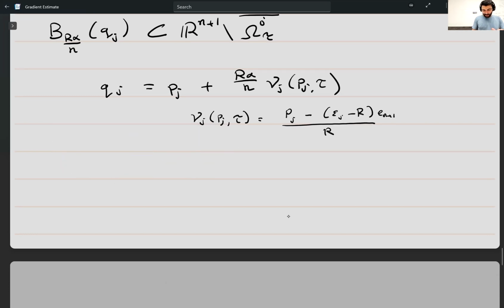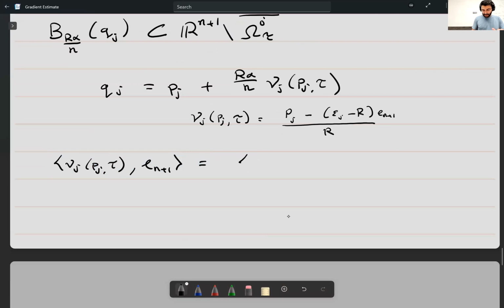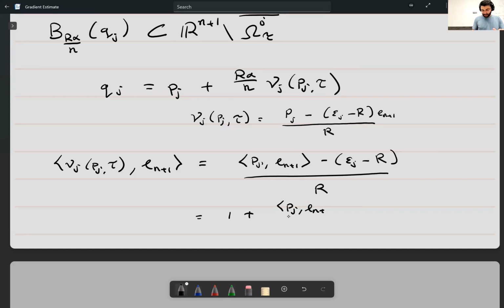So I get (p_j, e_{n+1} minus epsilon_j minus r) divided by r, which equals 1 plus p_j e_{n+1} minus epsilon_j on r.